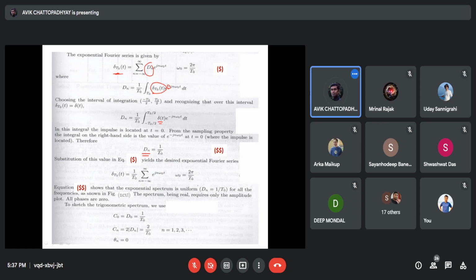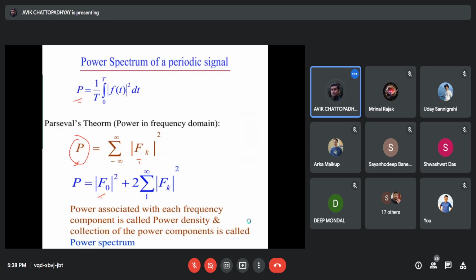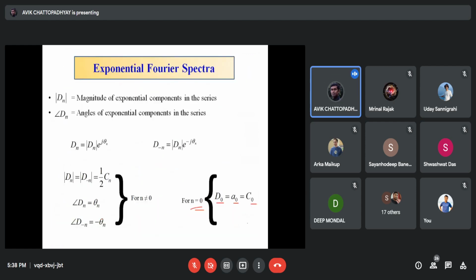So from here, if you want to sketch the trigonometric spectrum, first you have to find out what they are, because the treatment we did was based on the exponential form. Now for the trigonometric spectrum, c naught equals d naught. We have just now done that here.